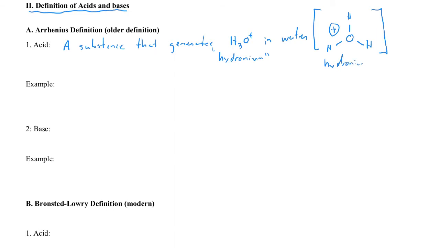Let's look at an example of an acid doing this in solution. Let's look at hydrochloric acid, for example. Hydrochloric acid is HCl, and hydrochloric acid is a gas. And in Arrhenius' time, they had access to this hydrochloric acid gas. Now, if you take this gas and you bubble it into water, the water, before you bubble it in, is completely normal. It's room temperature. And as you bubble this hydrochloric acid in, it changes quite dramatically very quickly.